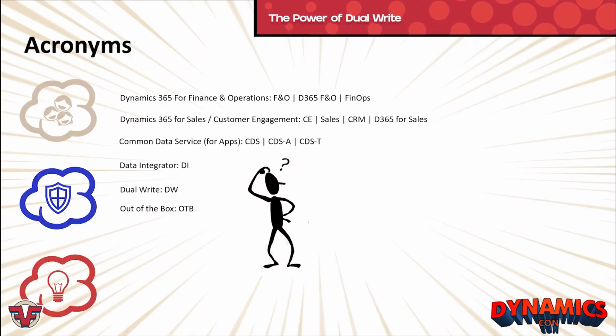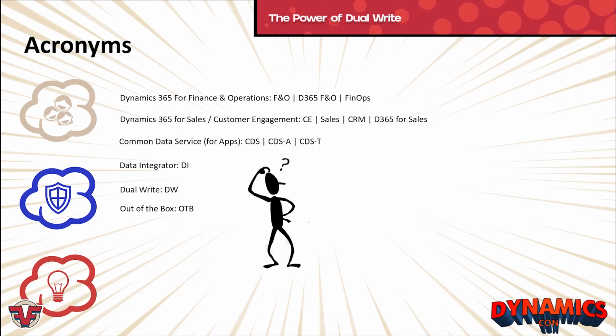With this, I would like to apologize first. Because I'll be using a lot of acronyms during my presentation, I thought it would be a good idea for all the users to understand what acronyms I'm going to use throughout. I'll be using these words in replacement of each other: Dynamics 365 Finance and Operations will be FNO, 365 FNO, or FinOps. Dynamics 365 for Sales, Customer Engagement will be CE, Sales, or CRM.